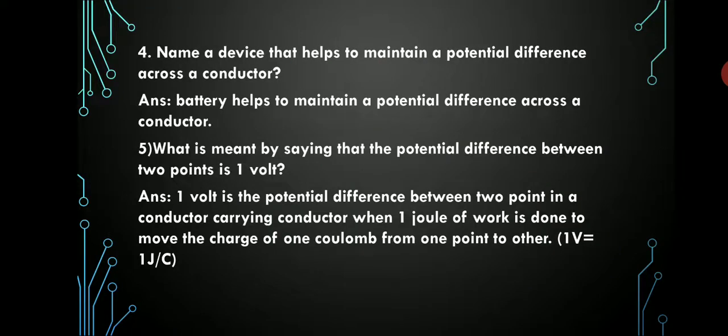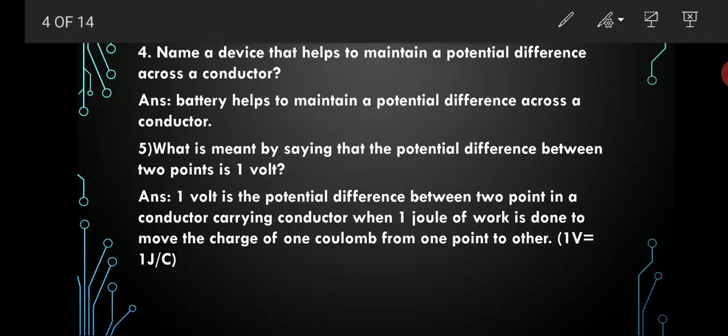Next, name a device that helps to maintain a potential difference across a conductor. Here usually the students will be confused. See, the question asked is: which device is used to maintain the potential difference? Suppose they asked which device is used to measure the potential difference, then the answer would be voltmeter.